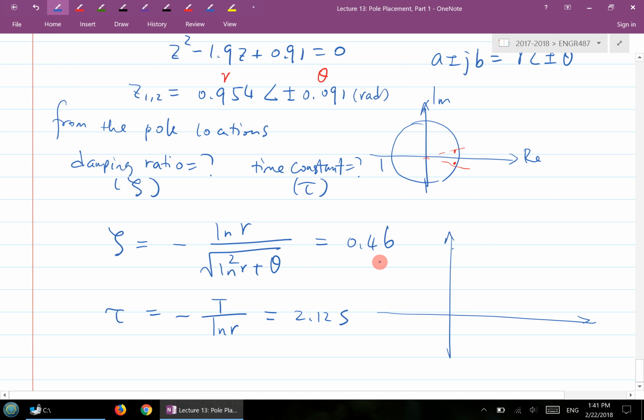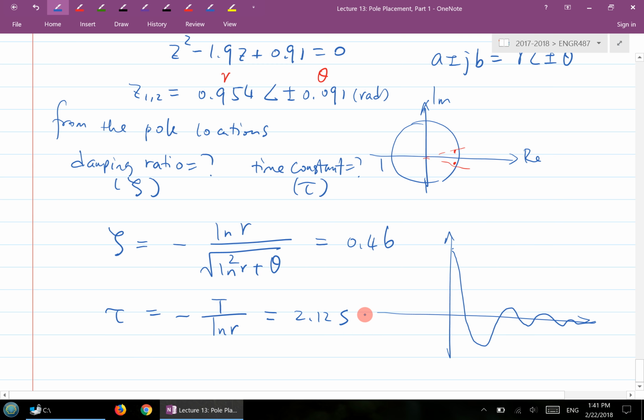Because this is 0.46, it's less than 1, so you should expect oscillation. And it's less than 0.5, so you should expect quite a bit of oscillation. So the response probably will be like this. And then the time constant, 2.12 seconds.